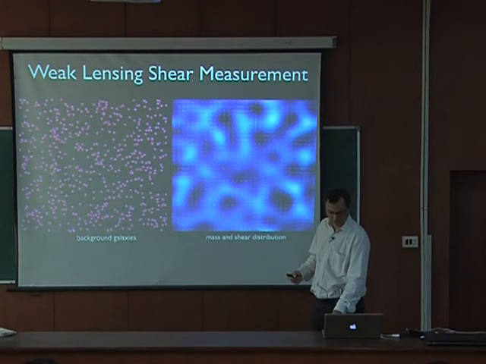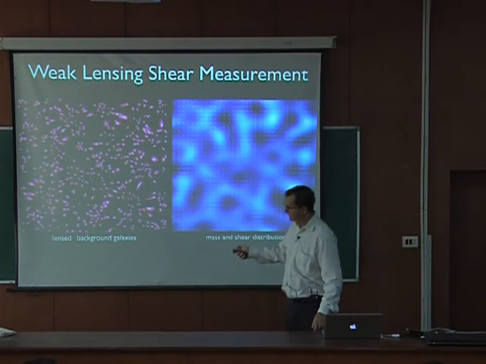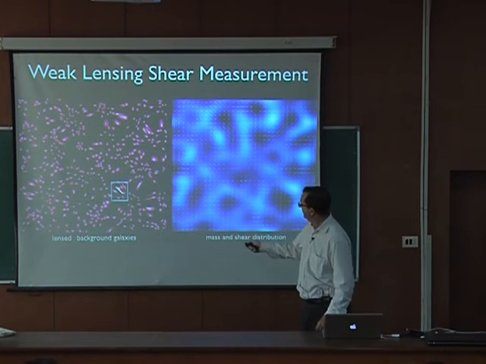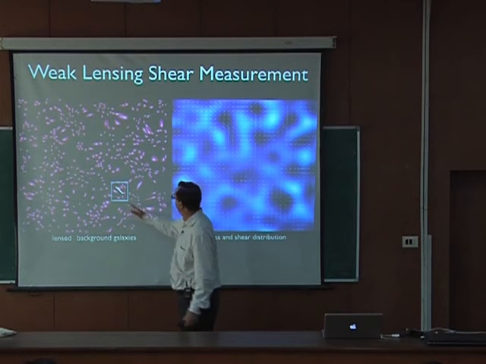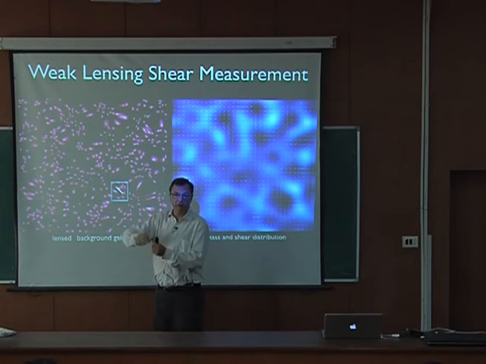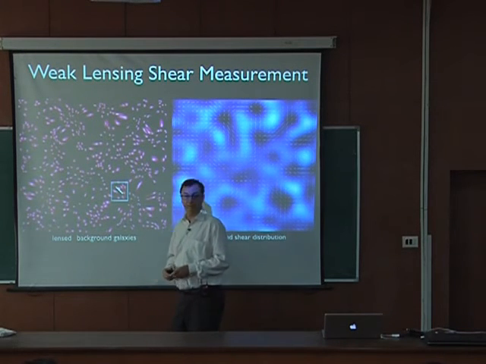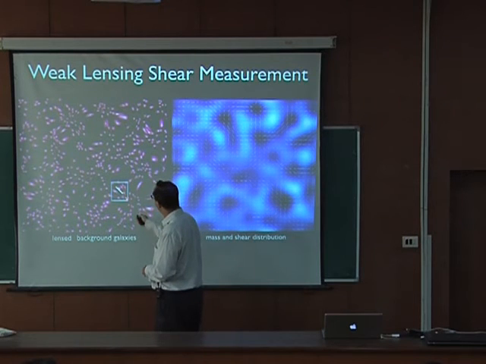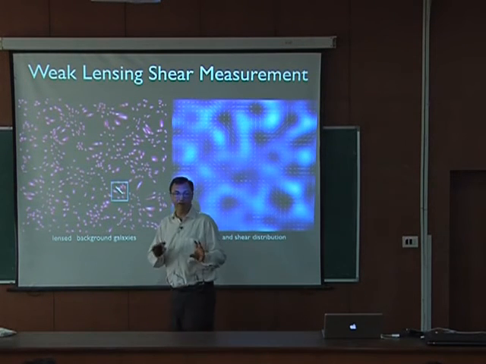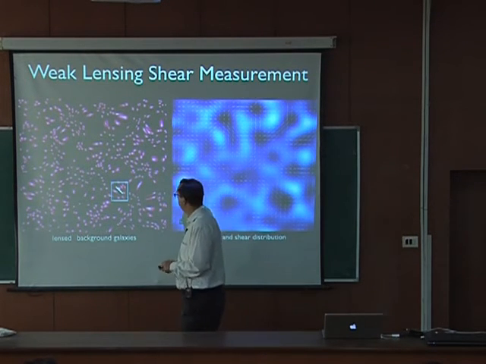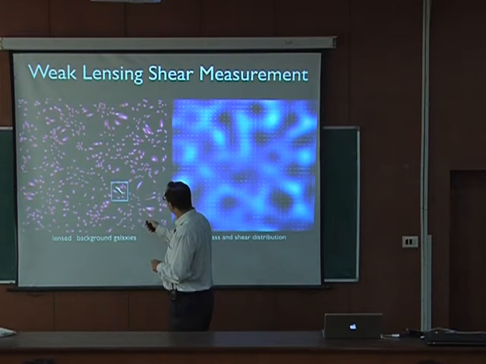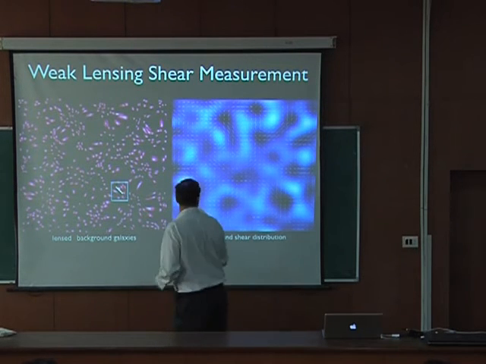They would all be circular on average. But if we have lensing, then they would all tend to be aligned in this direction because they have all been stretched by the same lensing effect. So if we measure the average shape, and again I'll tell you exactly how one does this precisely, then you can infer the shear.